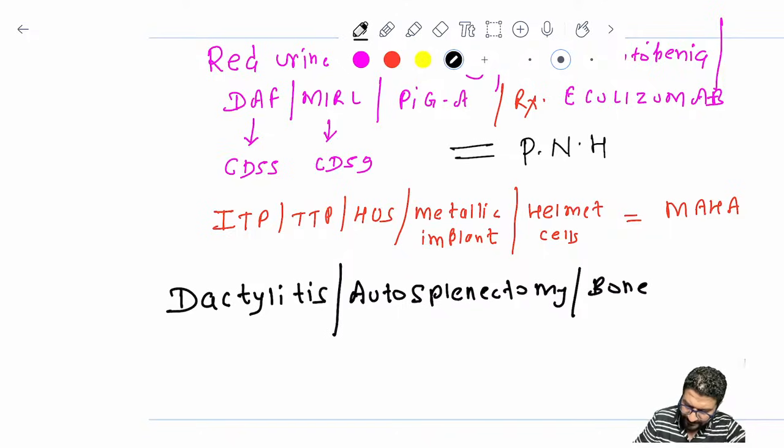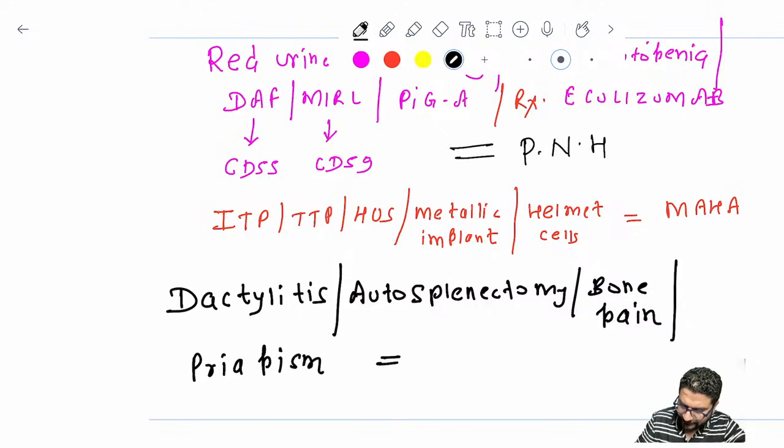Most common symptom will be bone pain. This bone pain is occurring because of bone infarction. Then the patient will have priapism. So these are MCQs of sickle cell anemia.